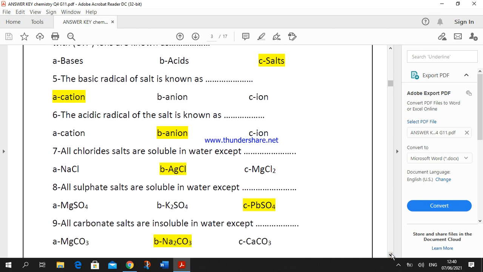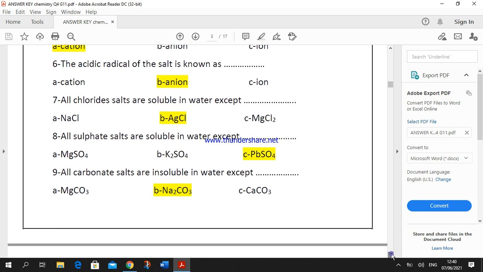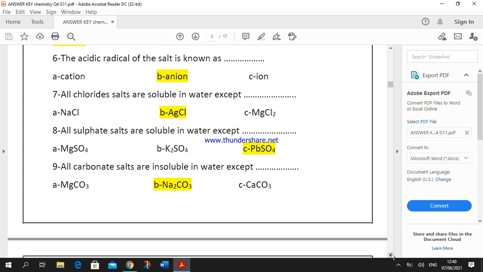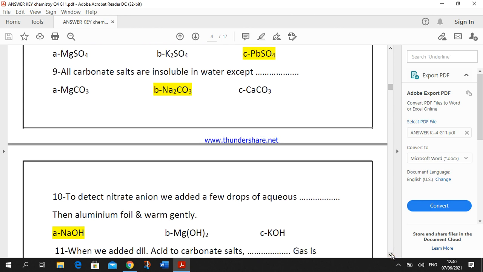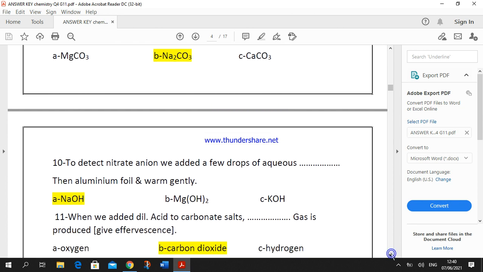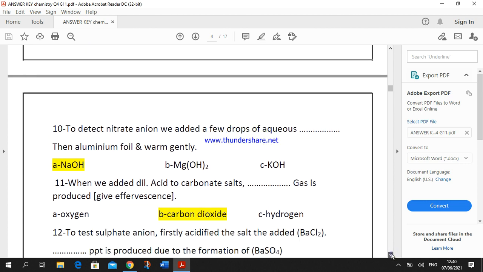All chloride salts are soluble in water except silver chloride and lead chloride, which do not dissolve in water. All sulfate salts are soluble in water except lead sulfate. All carbonate salts are insoluble in water except sodium carbonate.